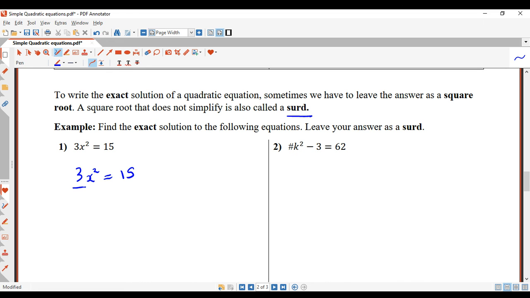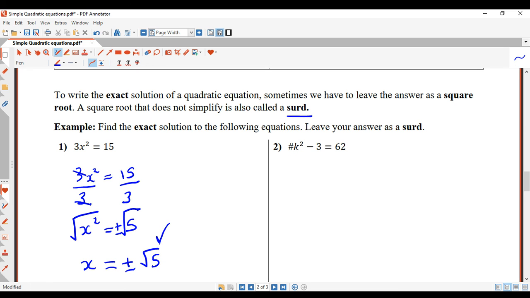Okay, now I'm going to divide both sides by 3. That cancels. Gives me x squared equals 5. Now 5, when I square root, it does not simplify to a nice number. Get a whole lot of decimals. So when I do my square root here, I'm going to just leave it as the square root of 5.